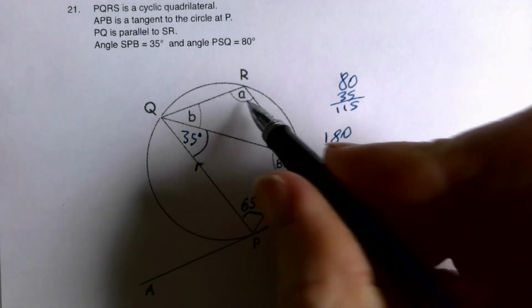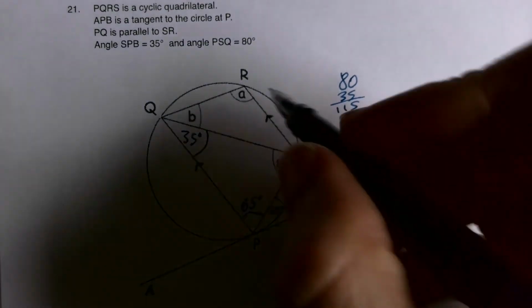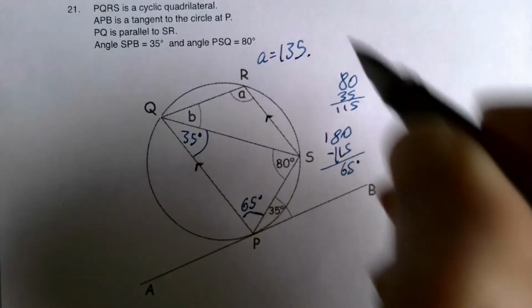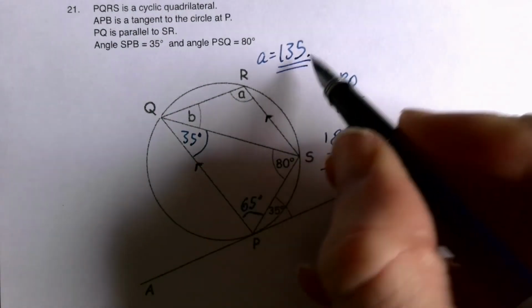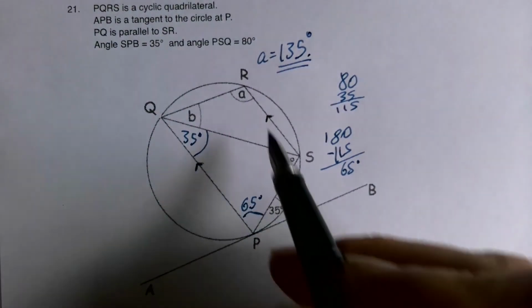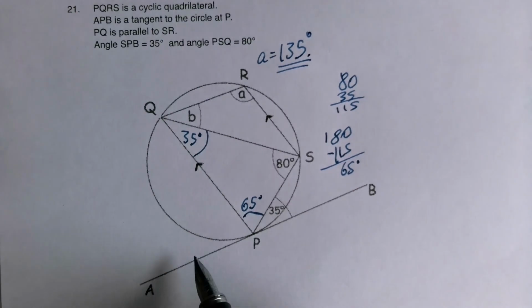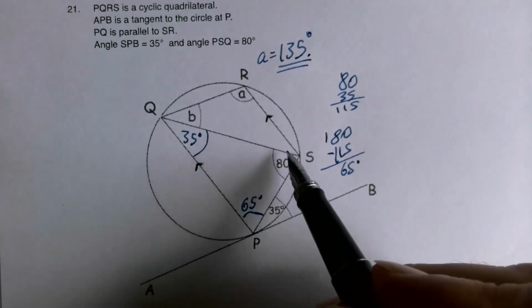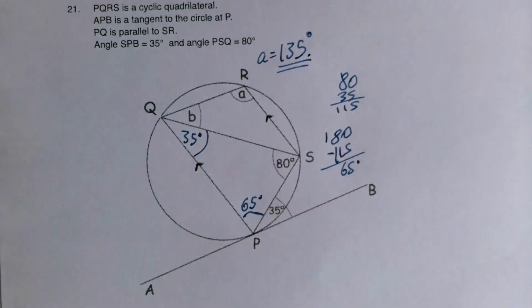And therefore A must be 135 because they add up to make 180. And then if I know that, I know that these ones here all add up to 180 altogether.